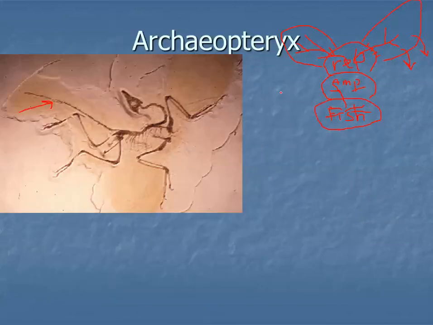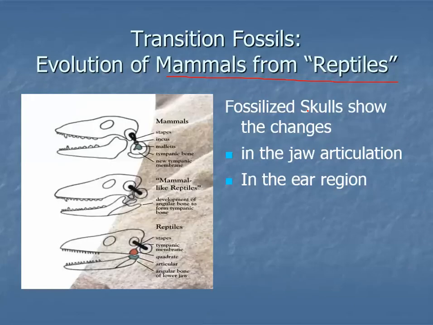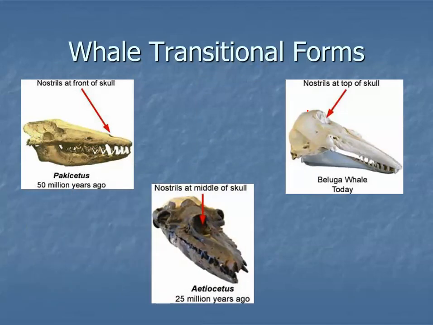We knew there had to be a transition fossil here between fish and amphibians. We knew it had to exist, right? We knew the approximate age of the fossil, and we knew the environment. And so because we knew the age and the environment, we knew where to look.